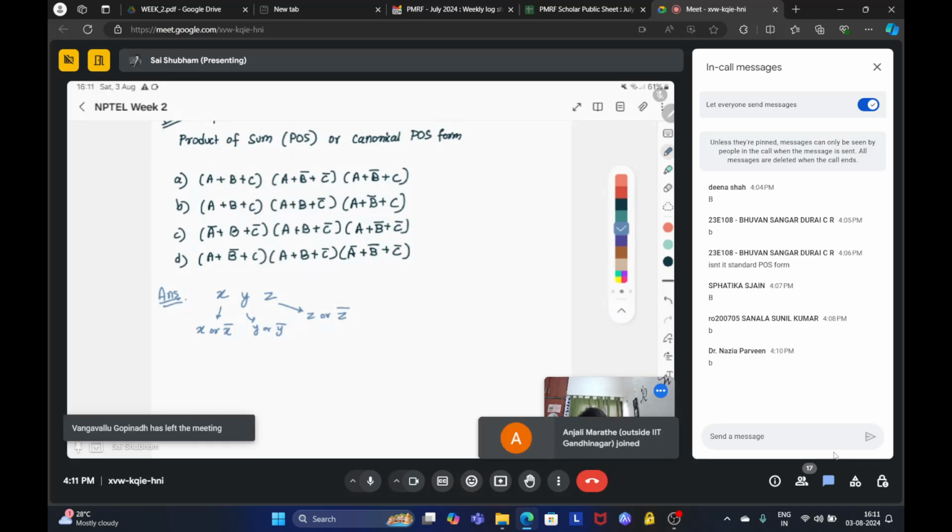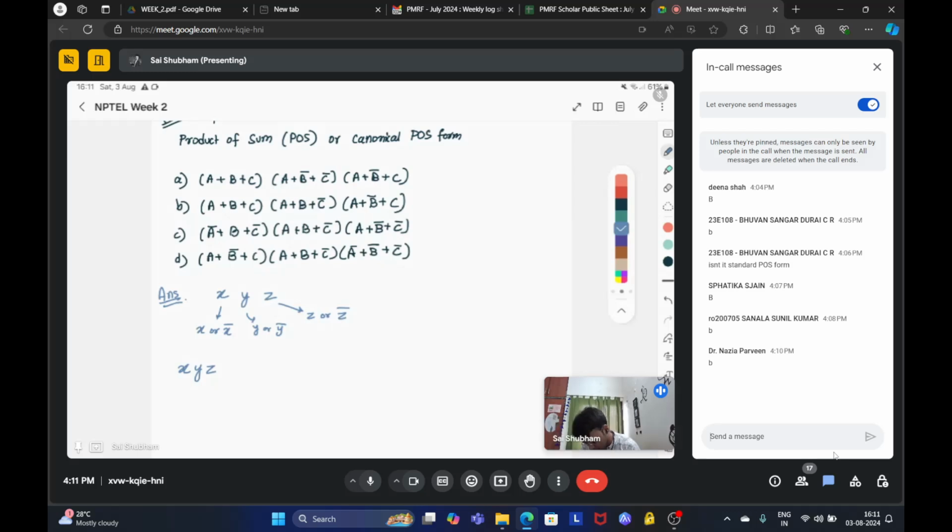So the range of min terms can be from x, y, z, x bar, y, z, x, y bar, z, all the way to x bar, y bar, z bar.